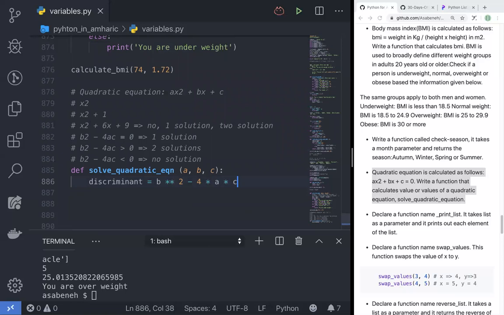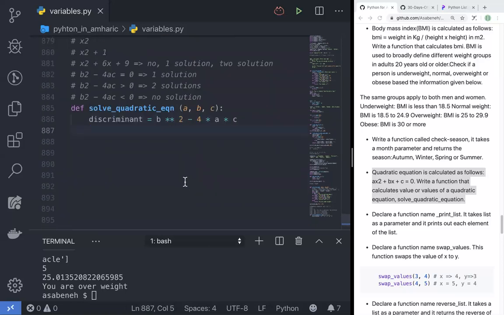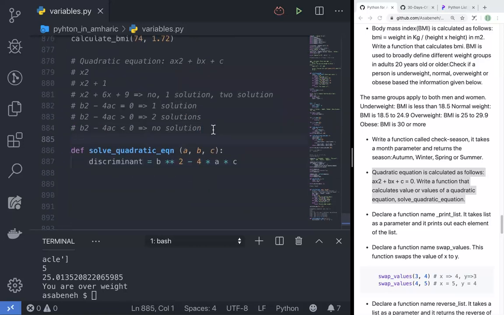Yeah, I got the discriminant. Then how is the solution set computed? I think for a quadratic equation the solution set is, if I'm not mistaken, let me try, how was it, plus or minus the square root of b square minus 4ac over 2a.